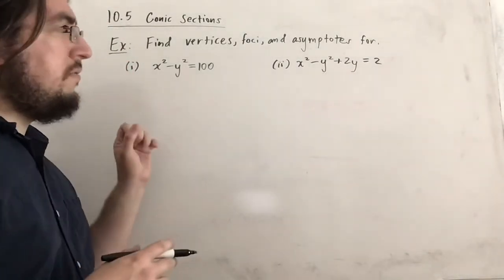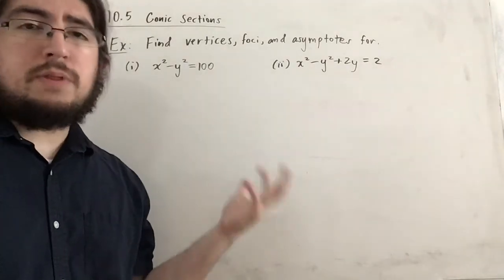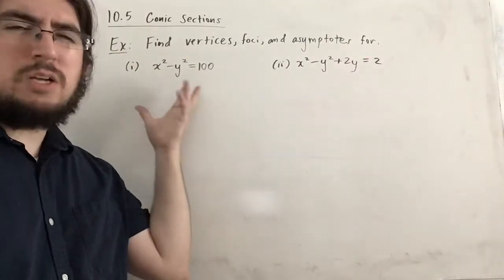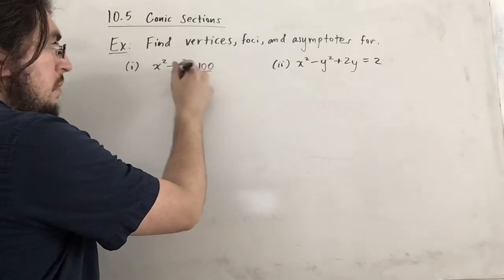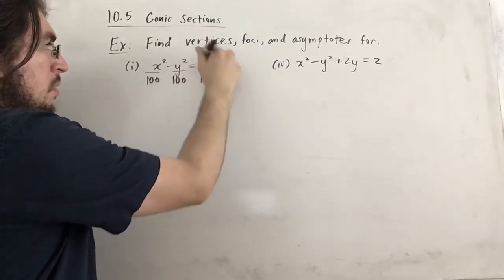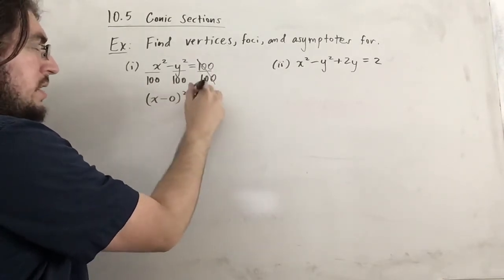So first off, much like what we saw with the ellipse examples, we need to write them in the form that we saw for the equations. So we need these numbers to be ones on the other side. So let's start with this one, of course. So divide everything by 100. We'll get x squared over 100. By the way, x squared is the same as x minus 0 squared technically.